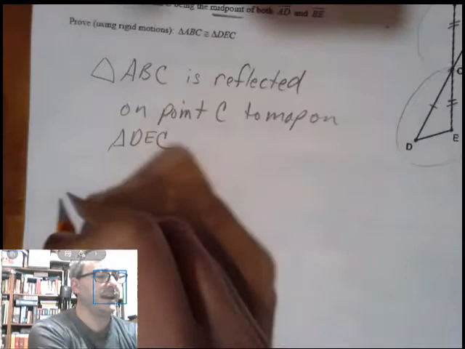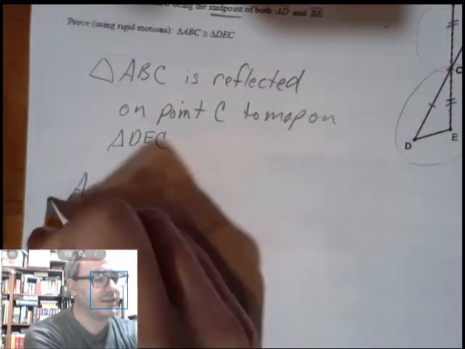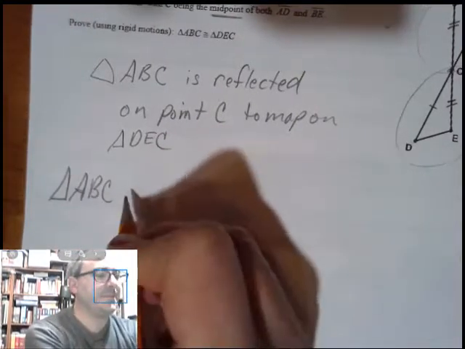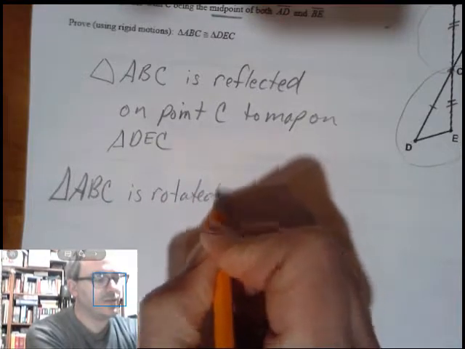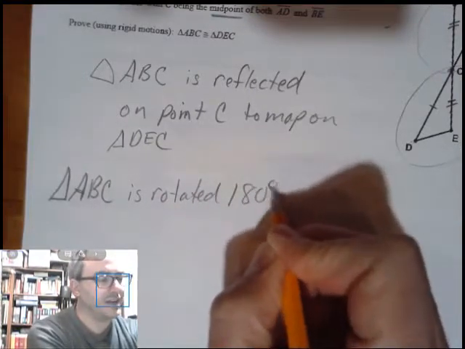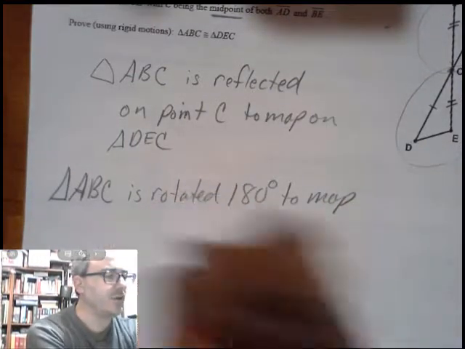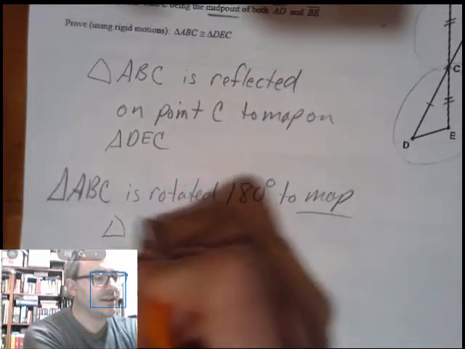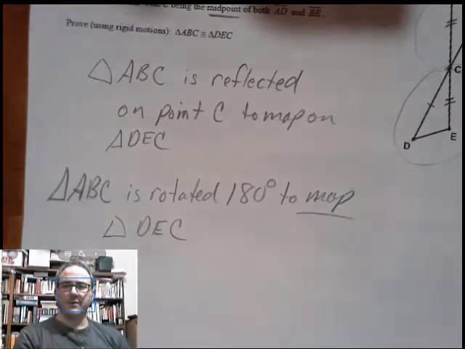Or you could say, triangle ABC is rotated 180 degrees to map, to overlap, to go over top of, to map on top of triangle DEC. Either one of those work.